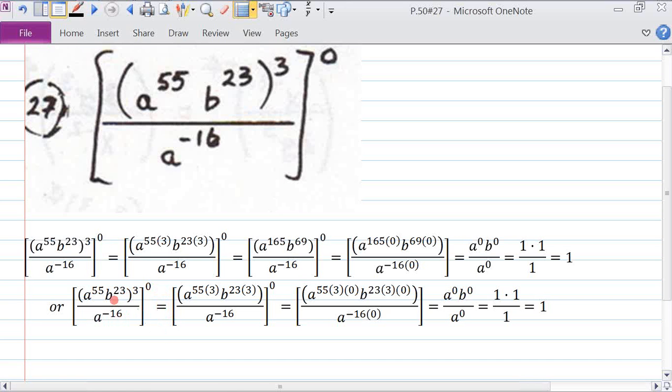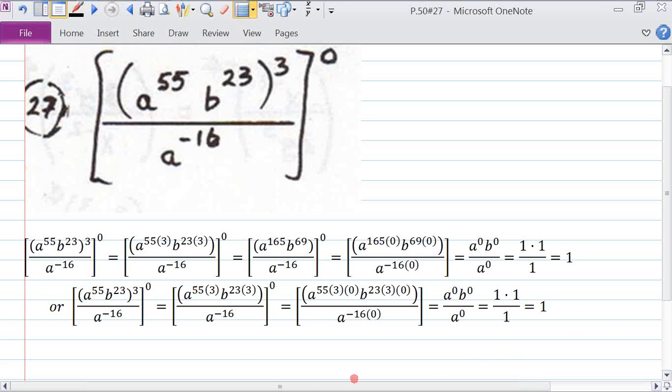So first I've multiplied by the 3, so I've got this, which is exactly the same as this part here. But now I'm going to put in the power 0 and apply it to each term. And I still come out to a to the 0, b to the 0, 1 times 1 times 1.